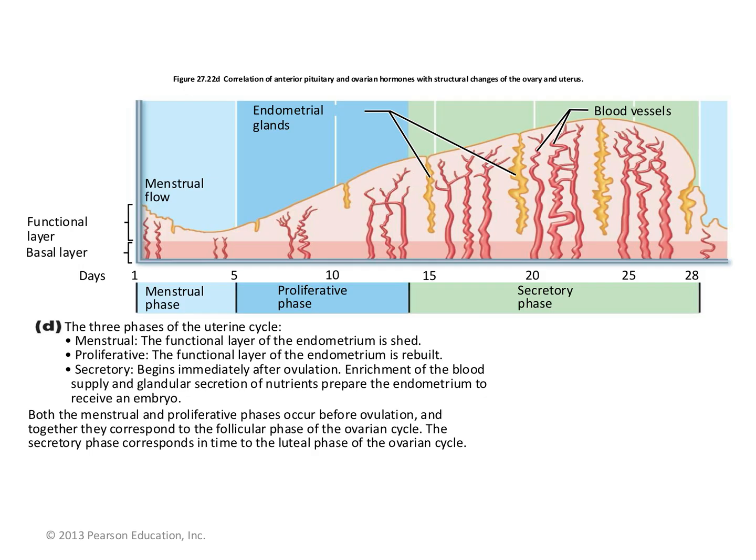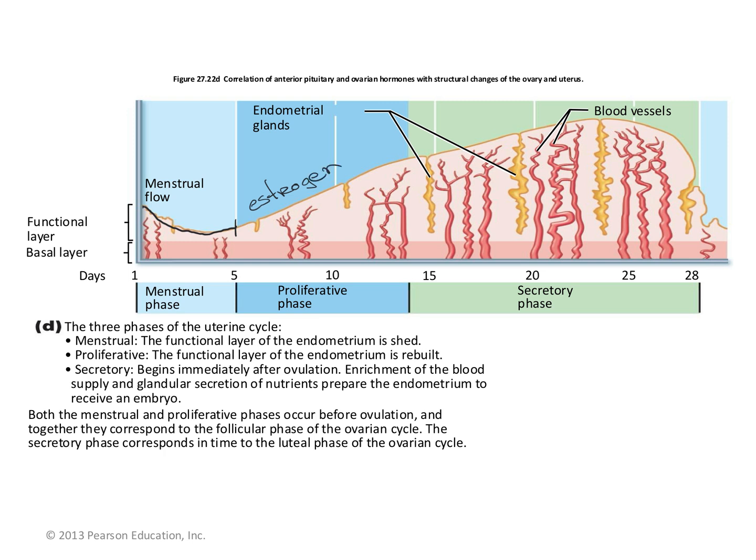So you can see in this figure what's happening during that menstrual phase. From day 1 through day 5, you're losing the endometrial lining. Then during the proliferative phase, estrogen is stimulating the growth of the endometrial lining.